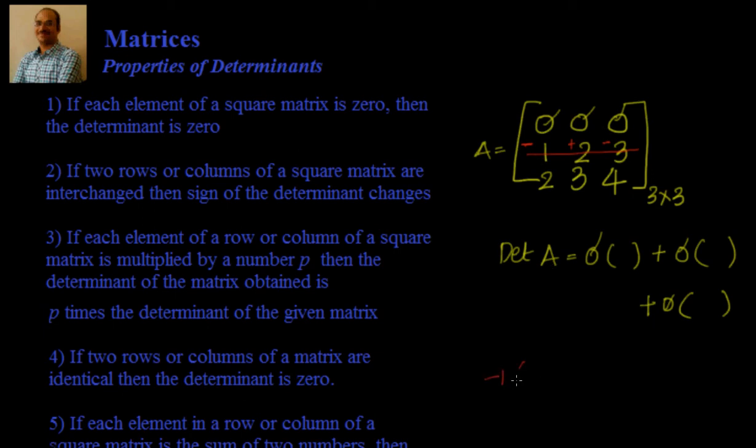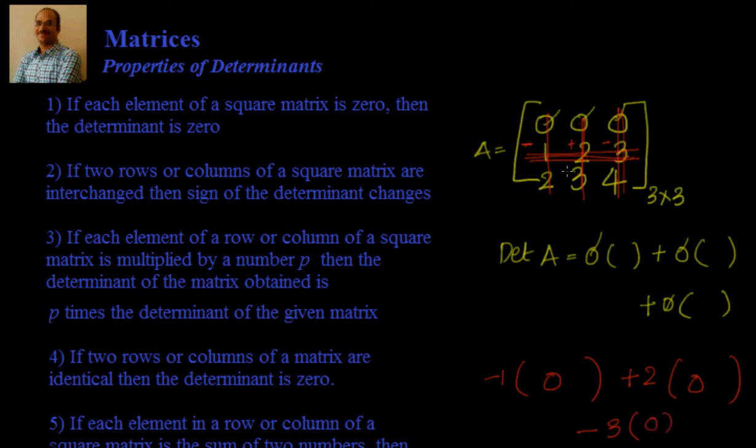So minus 1 into, if I remove that row and that column, you can see that I have 0. Similarly for 2, the next one, which is plus, if I remove that row and that column, again you can see that I have 0. Similarly for the next one, if I remove row 3 and column 3, again I have 0.